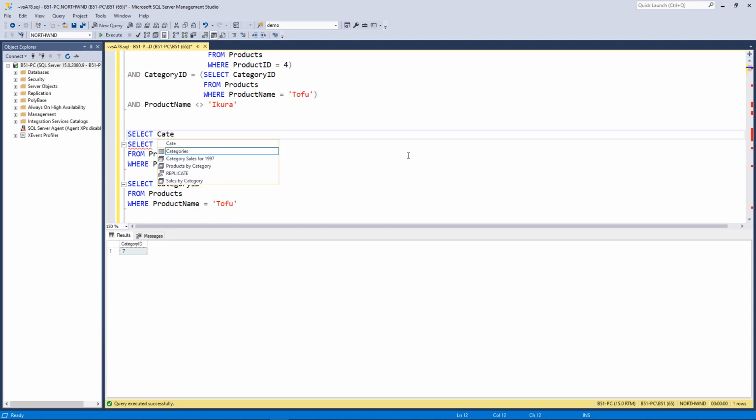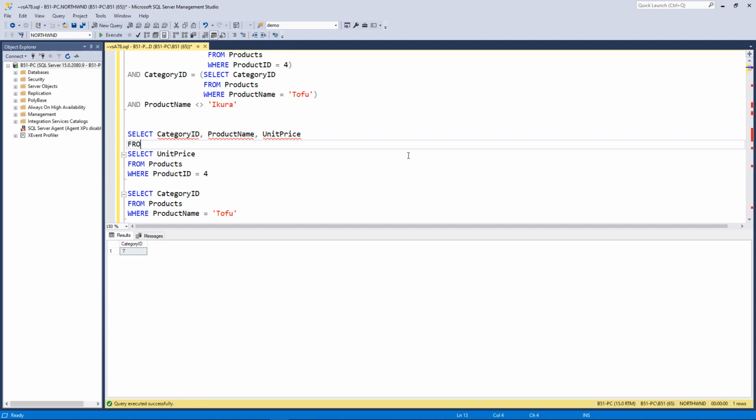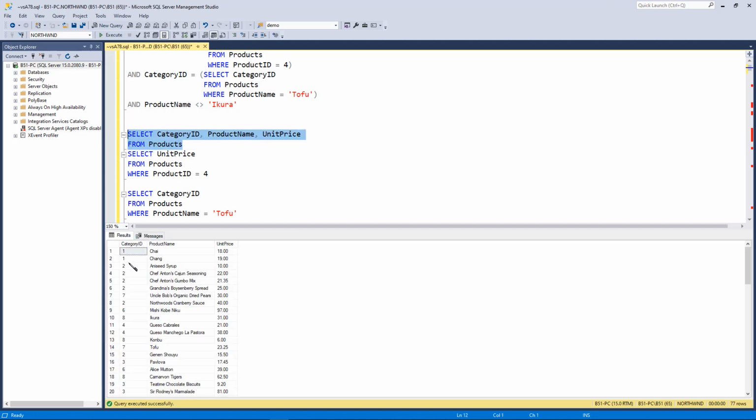So we have the category ID, the product name, and the unit price from products. When running it, we have the entire category ID, the product name, and unit price.